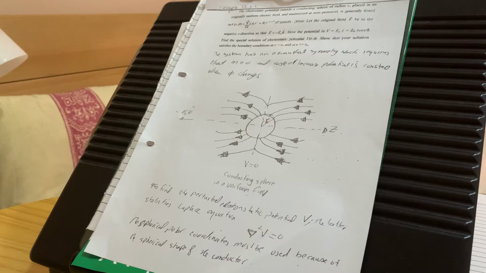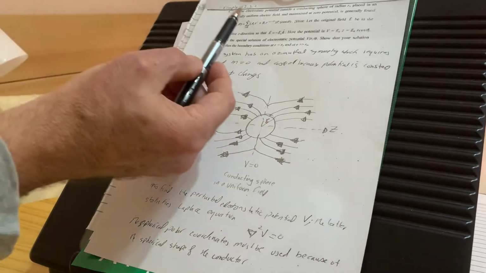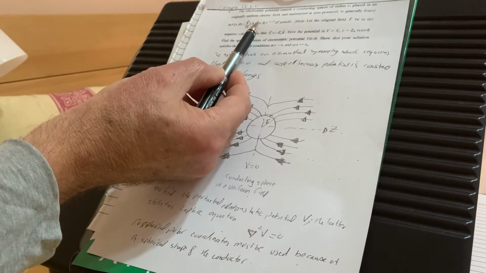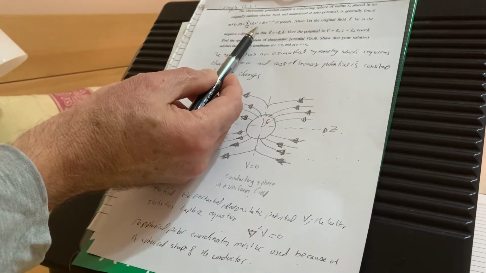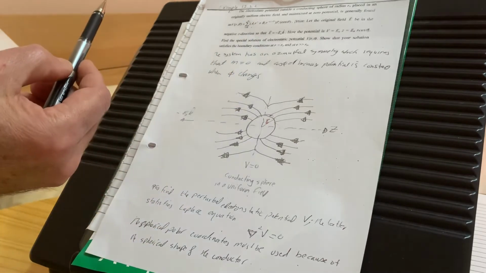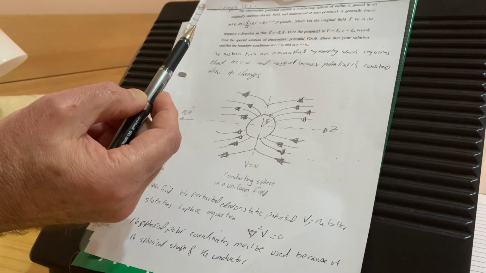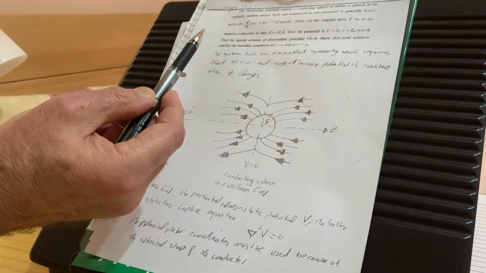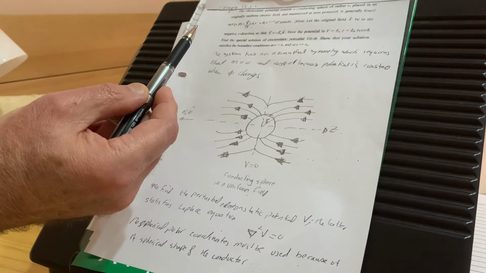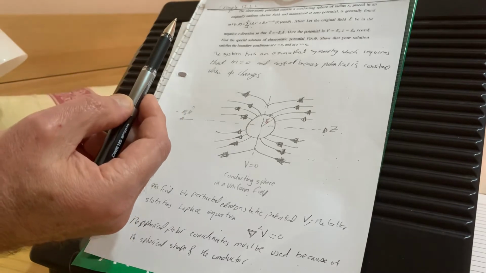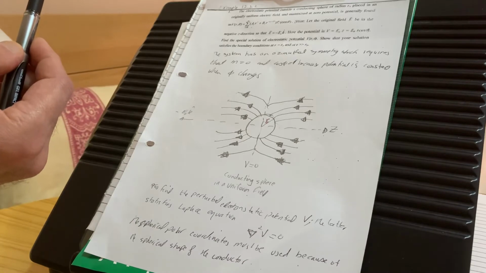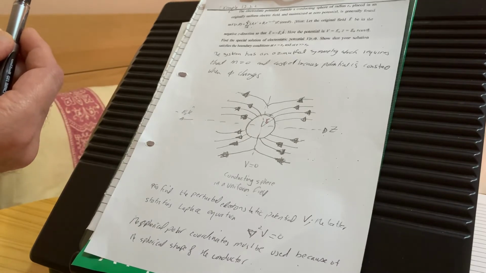The potential on the sphere, the potential as a function of r and theta, is expressed in this way, where AL and BL need to be found. We need to know whether, after finding the special solution, the boundary conditions are satisfied or not.